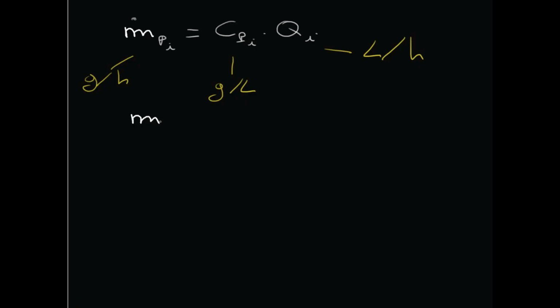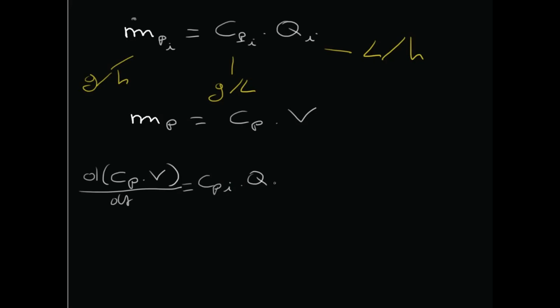Qi is a volumetric flow. mP, the mass of P inside of the reactor, is the concentration inside of the reactor times the volume. So we can change the expression into d(CP times V) over dt is equal to Cpi times Qi for the entrance minus Cpo times Qo for the output plus the rate of production of P times V.